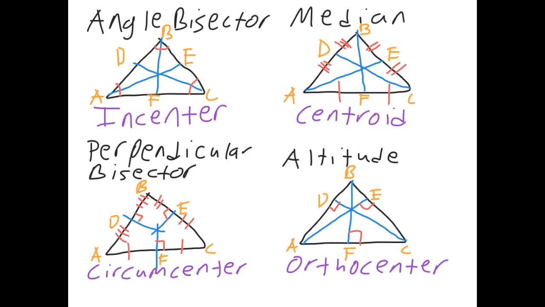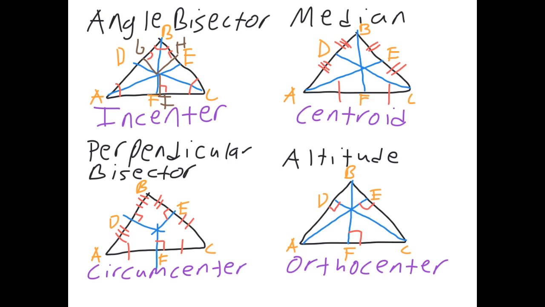So with the incenter, if you were to draw 3 perpendicular lines all coming out of the incenter, and we'll call these G, H, and I, then all three of those lines are equal to each other.